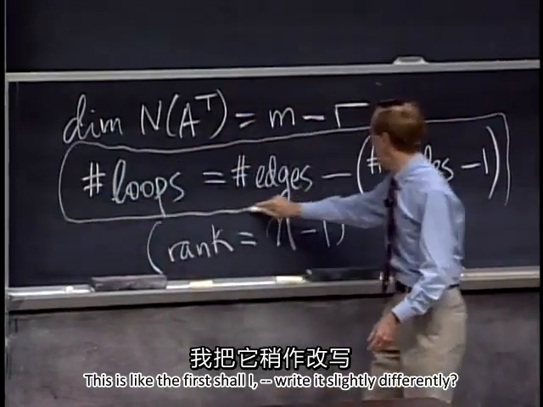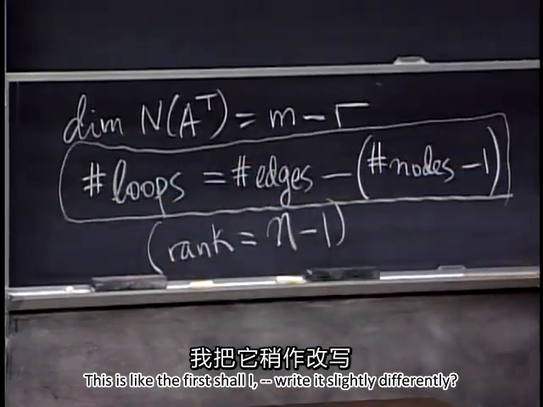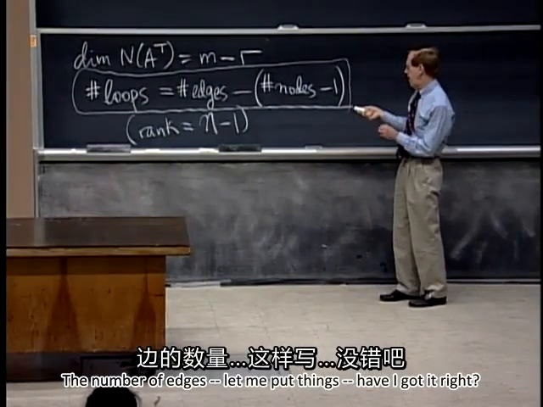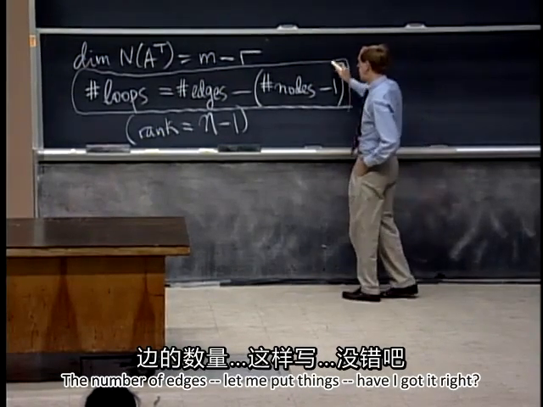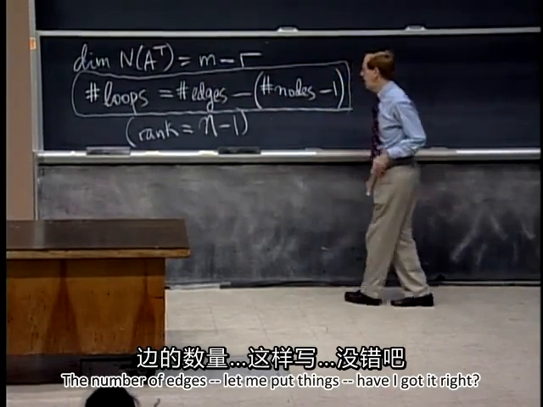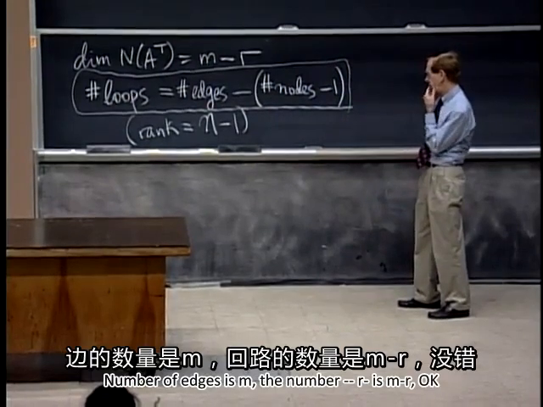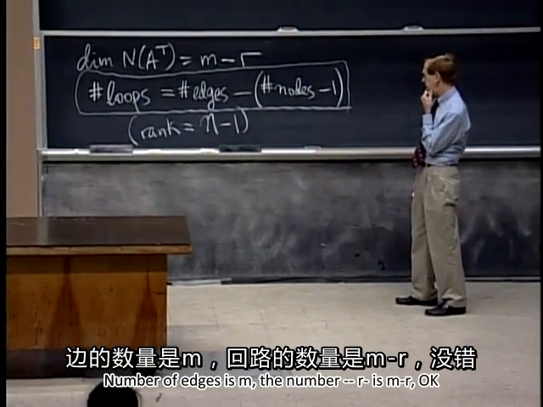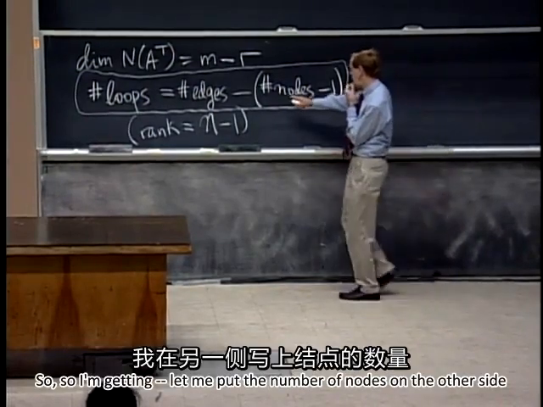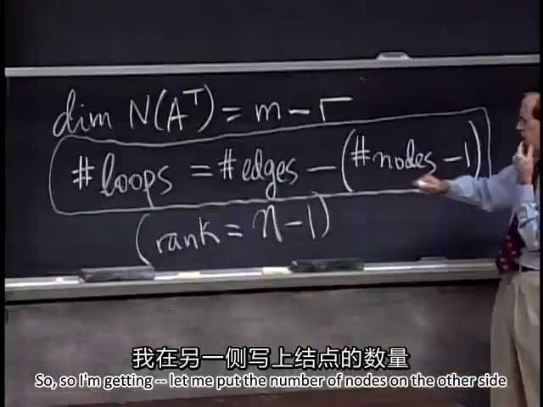This is like the first. Shall I write it slightly differently? The number of edges. Let me put things on. Have I got it right? Number of edges is m. The number is m minus r. Okay, so let me put the number of nodes on the other side.